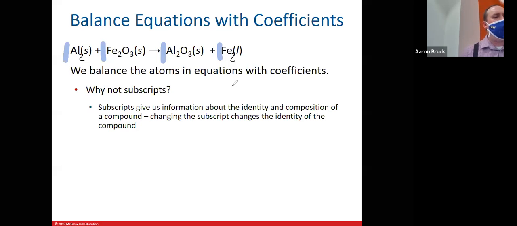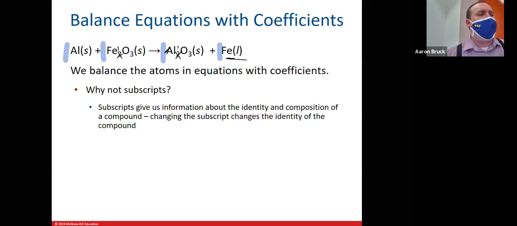But what if, in order to get it to work, I wanted to do something like this, where I said, okay, I'm going to change my iron. I only have 1 over here. Let's just change this formula to FeO3. And let's just change aluminum to Al1O3. Well, by the same logic, I could do that.